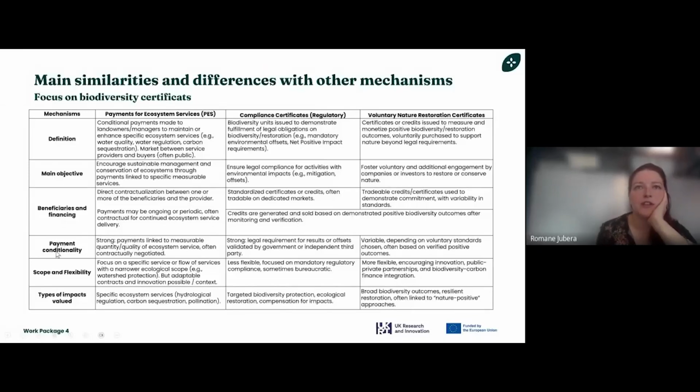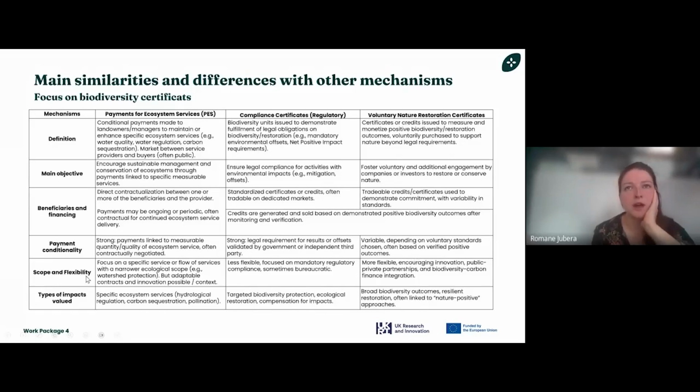In terms of payment conditionality, there is very strong payment conditionality in the case of PES, as Gabrielle presented, often negotiated during the contractualization. There is usually also a strong legal requirement for results in the case of offsets, with validation by a third independent party. In the case of voluntary certificates, it might be more variable depending on the standard used.